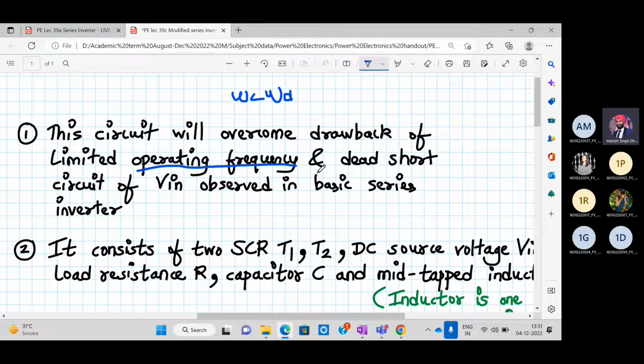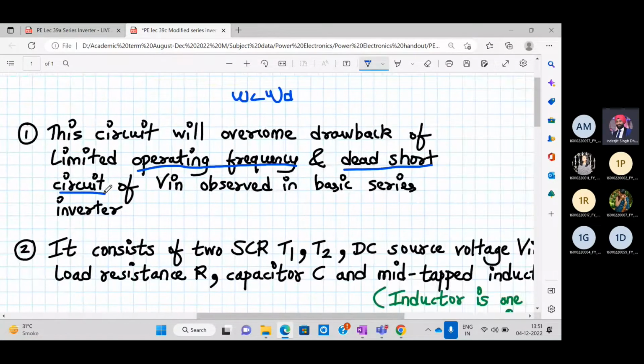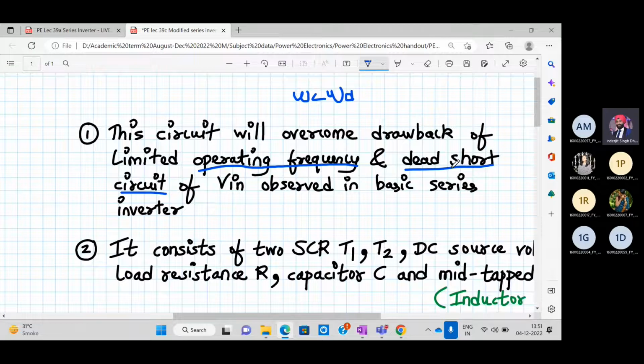The second drawback was a dead short circuit of V in, observed when both the SCRs are turning on simultaneously. This drawback will be completely eliminated, and the first one will be somewhat reduced, so you can increase the operating frequency range.